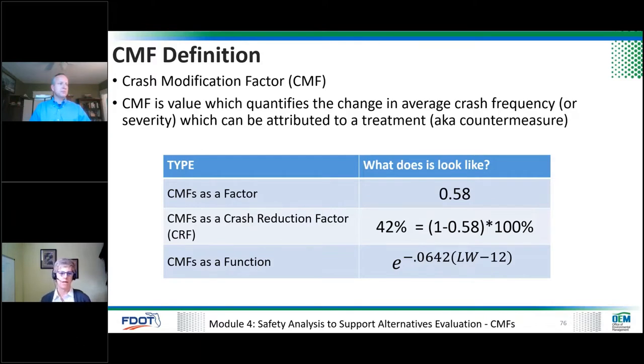The multiplicative factor in the first row is the most common. There are also crash modification functions, in that third row, that's an equation. You would input, in this case, your lane width, do the calculation, and you would get your crash modification factor. So they're just a number.